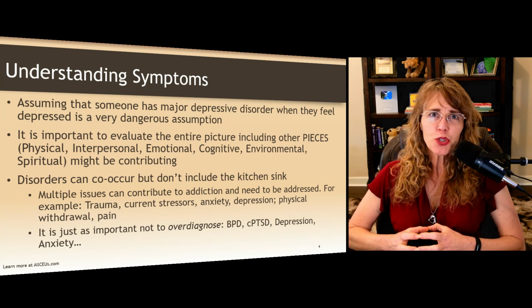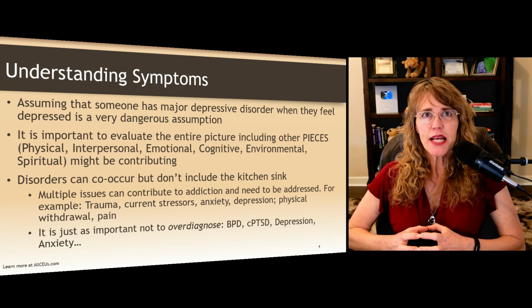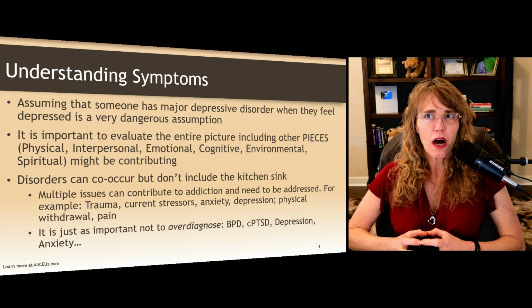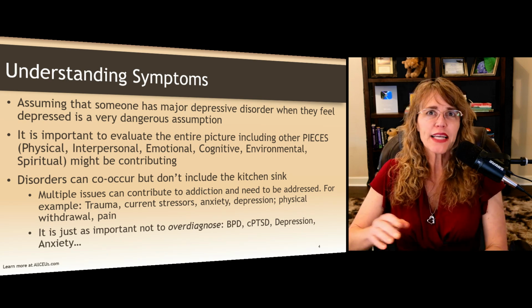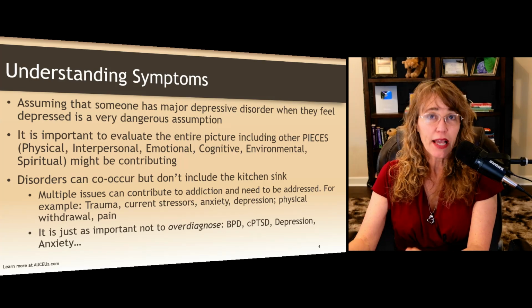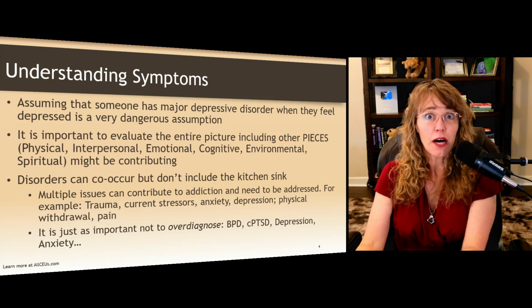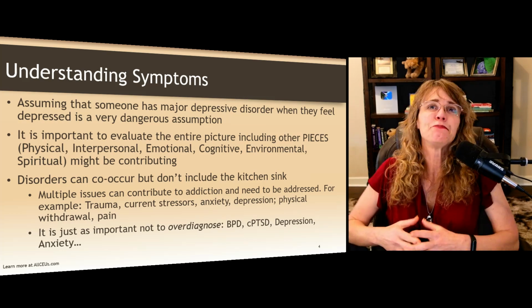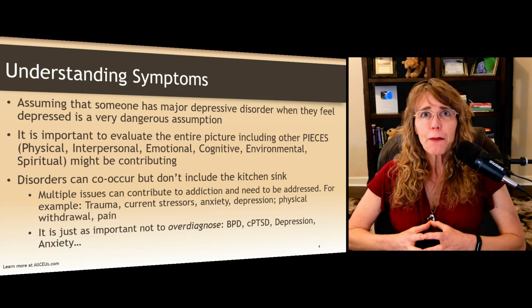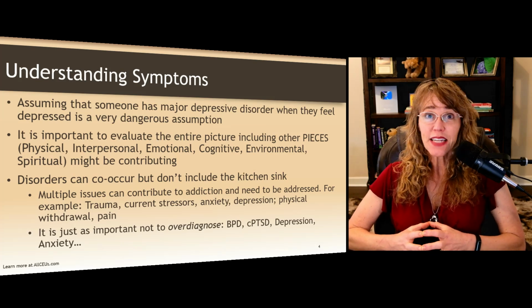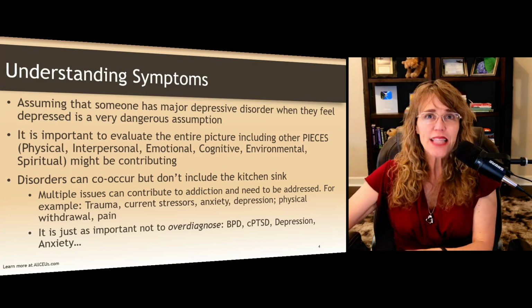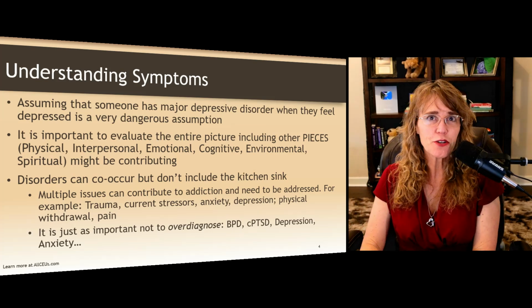So we want to make sure that we are not including diagnoses that are better accounted for by something else. PTSD and CPTSD account for a lot. Underscore, bold, italicize. Same thing with anxiety and depression. But people with CPTSD often have, guess what? Anxiety and depressive symptoms, but that's accounted for in that diagnosis.